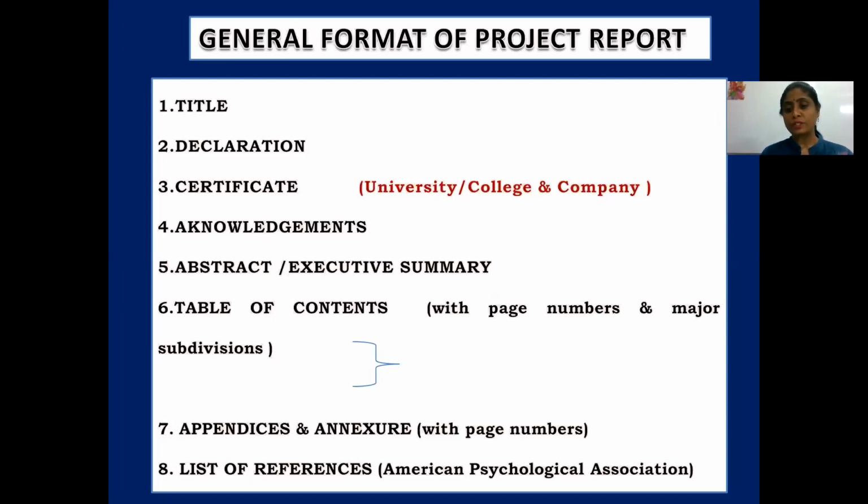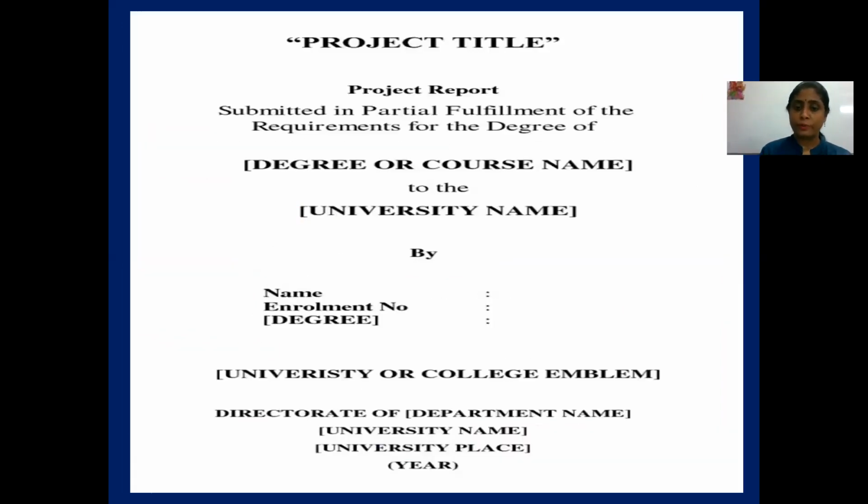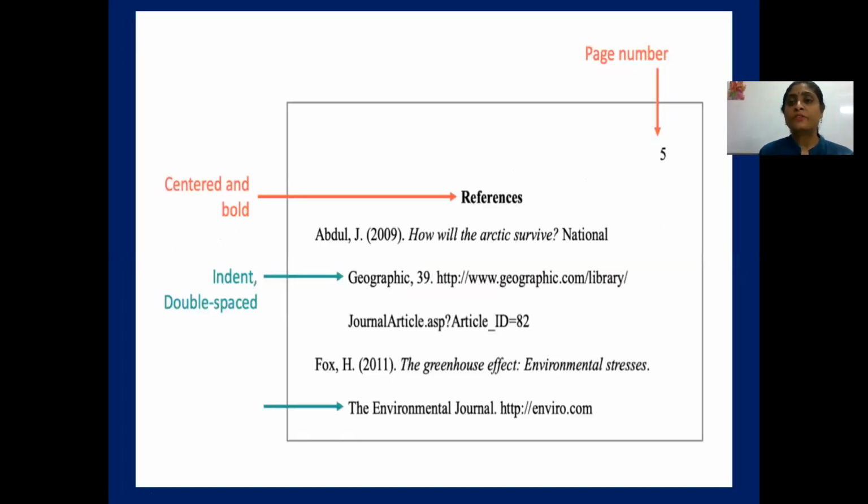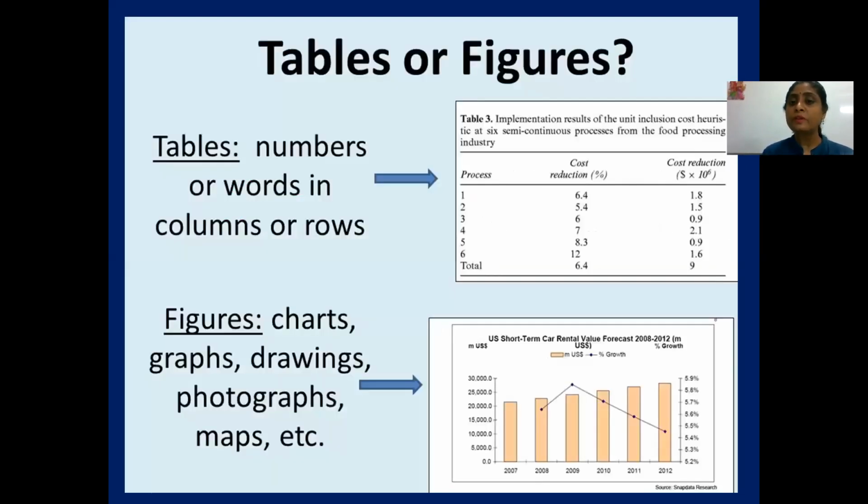American Psychological Association. This is the globally accepted format. Even for tables and figures, you should follow the same format like this. Each and every table should be followed with a source, from where you got those numbers. Fine.